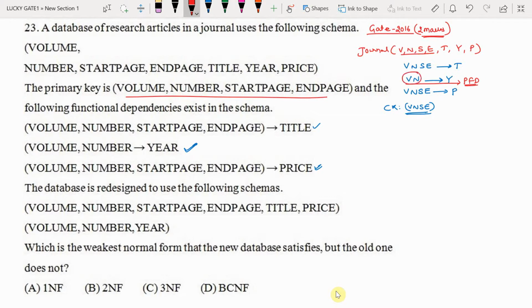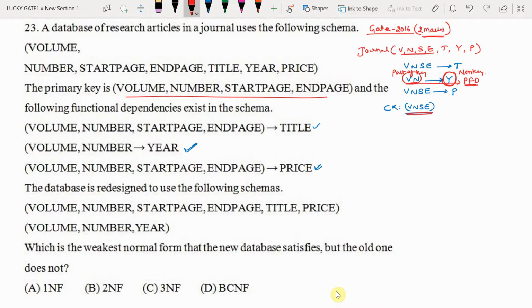Its left hand side is part of the key and its right hand side is a non-key. It means this non-key Y is depending on the key VNSE, not on all attributes. Instead it is depending on only two attributes, V and N. We can call it a partial dependency. Y is partially depending on the key of the relation, not on every attribute.